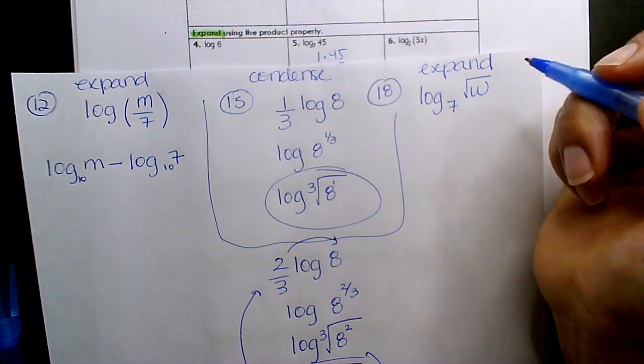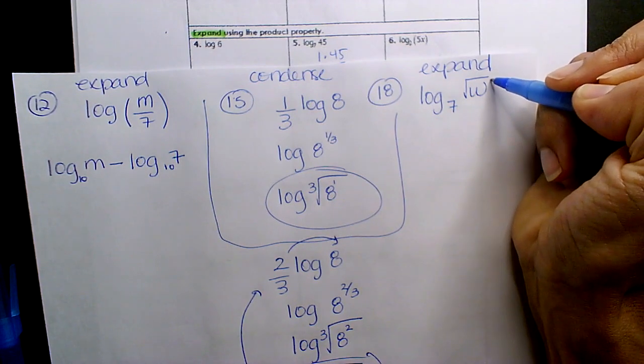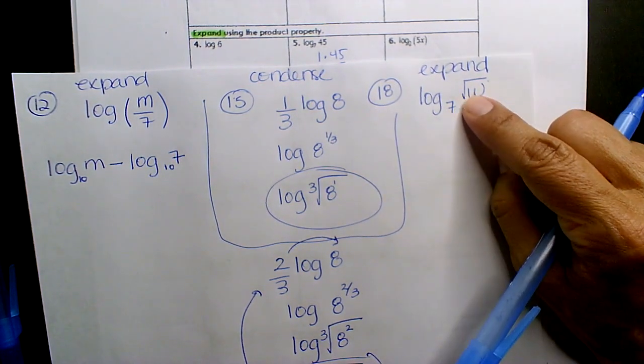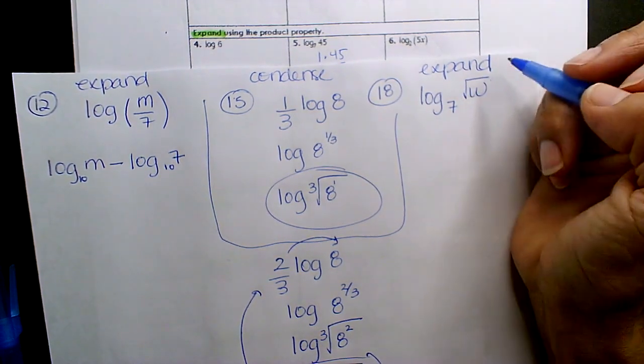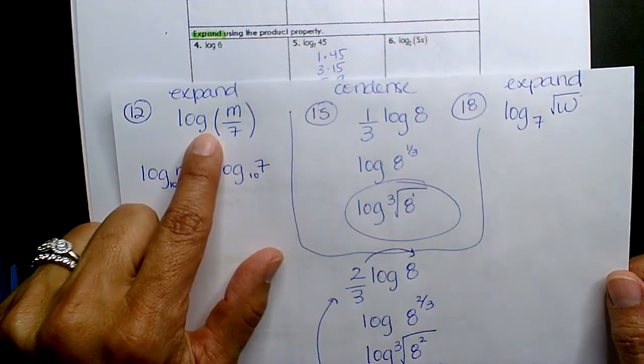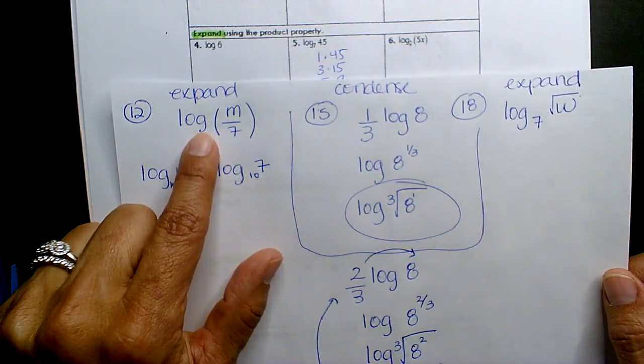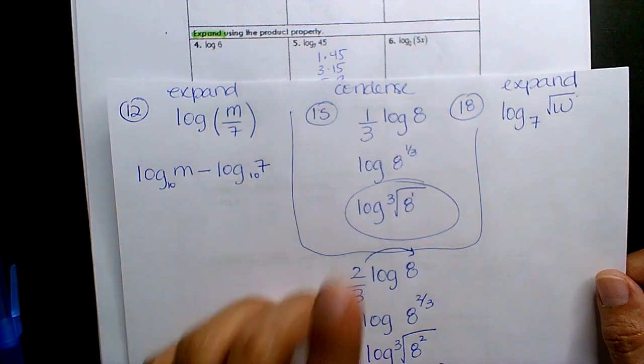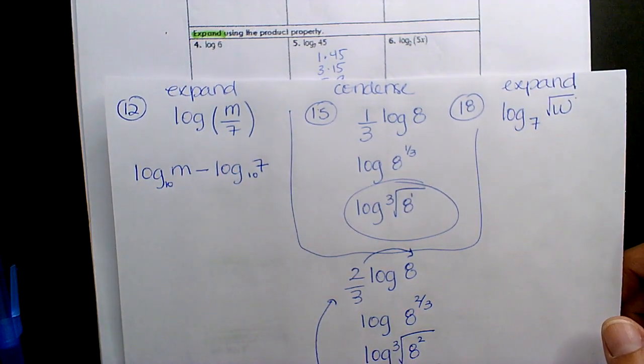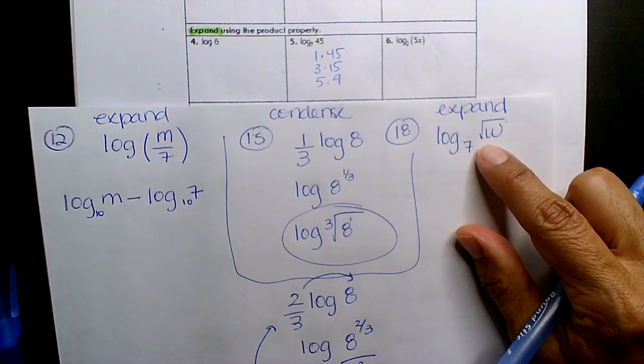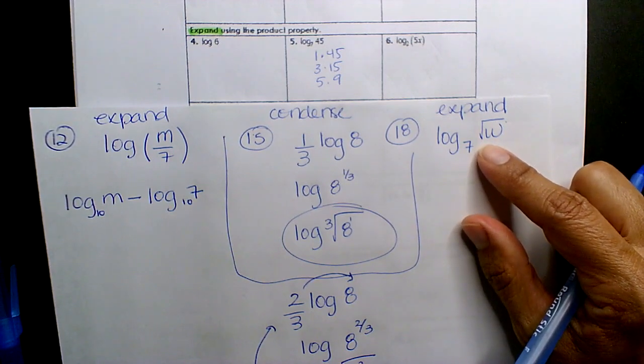Here we go. I have 1w because 1 is implied in mathematics. This is a square root because they don't write the 2, just like they don't write log base 10, because you're assumed to know that if they don't write the base, it's always base 10. That's your standard log. Square root is your standard root function.